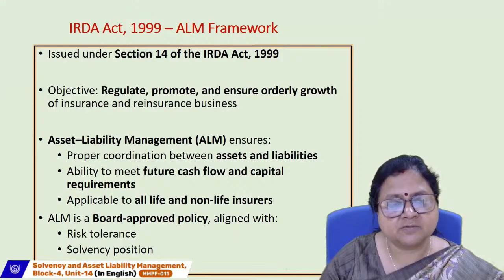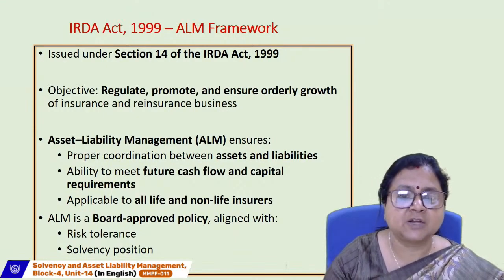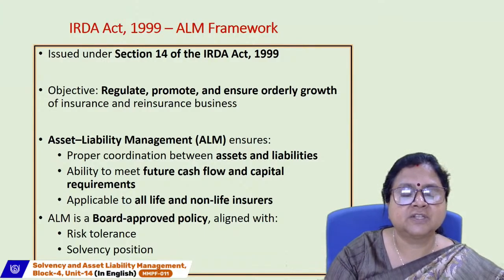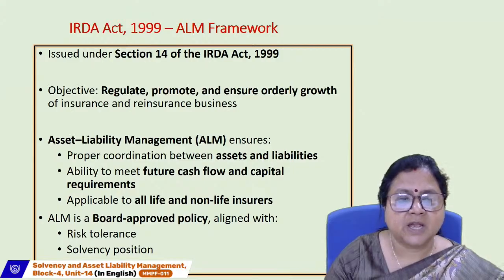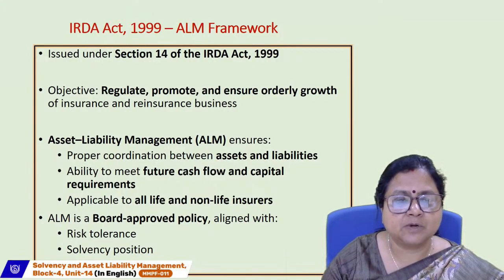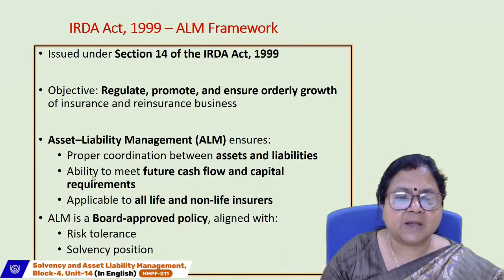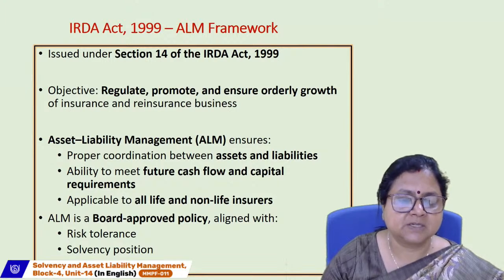So the main objective was to encourage, promote, and adequately regulate the growth of the insurance and reinsurance business on a proper track. Asset and liability management ensures that there is a proper match or coordination between the assets and liabilities, and the ability to meet future cash flow and capital requirements.